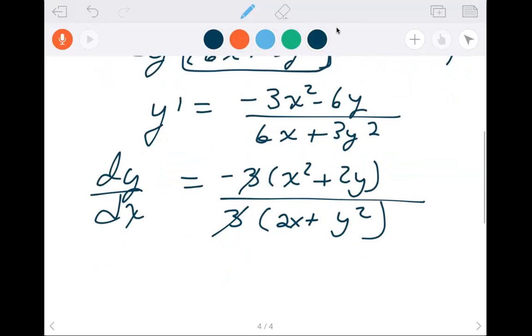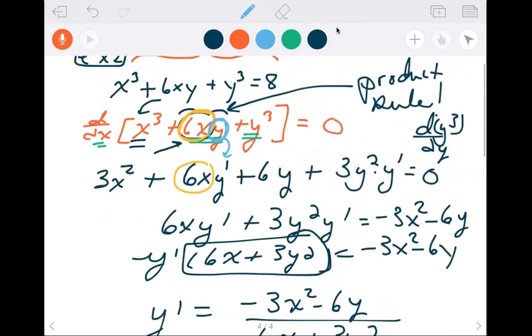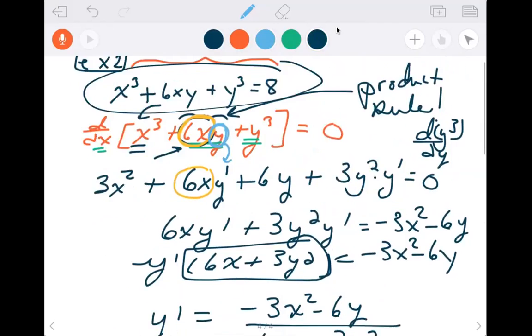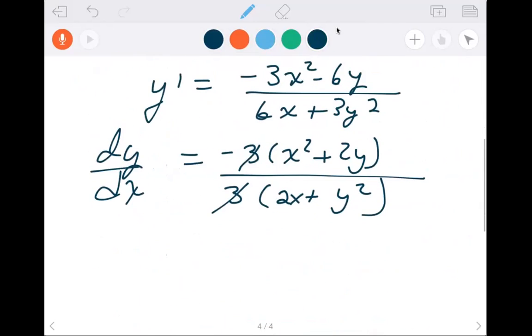Notice to find out what the derivative is at any specific point on the graph of this relationship, I'm not saying function because I don't know if it's a function, I would need to input both the x and the y because it's not explicitly a function of the x coordinate.